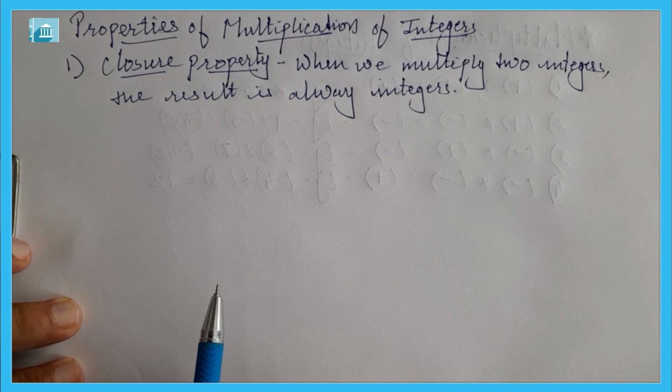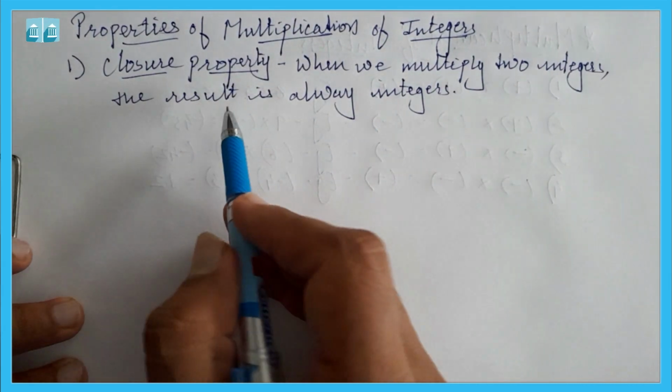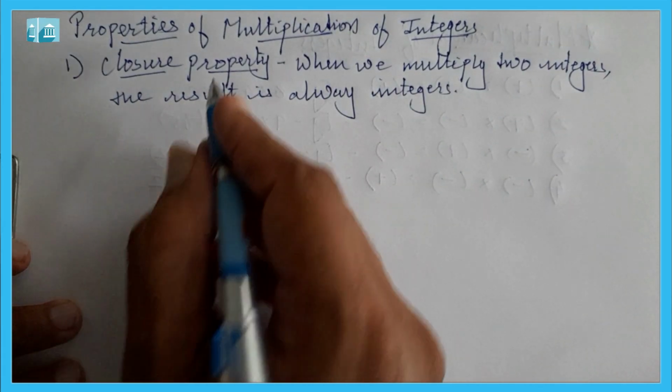Like in addition also we had done that when we add two integers, the result is always an integer. In the same way here also, when we multiply two integers, the result is always an integer.